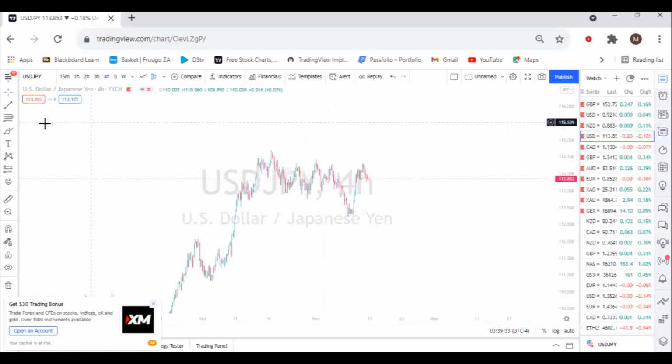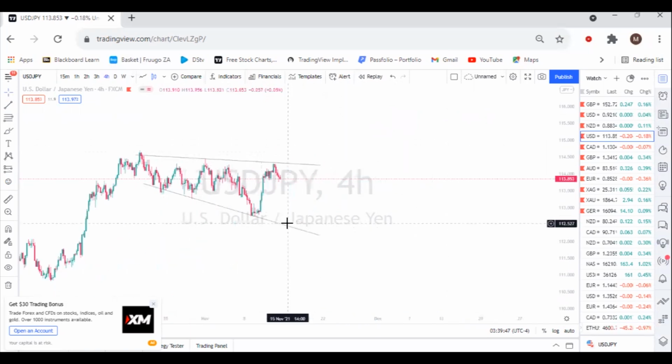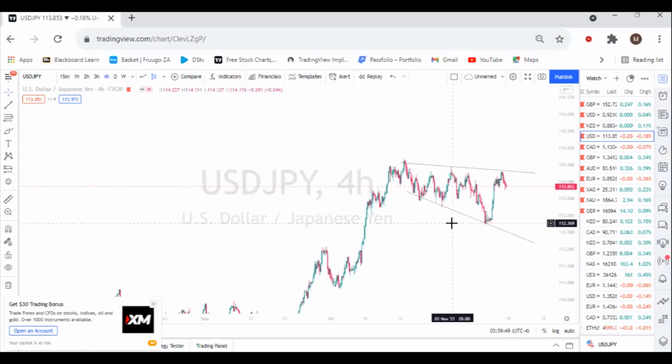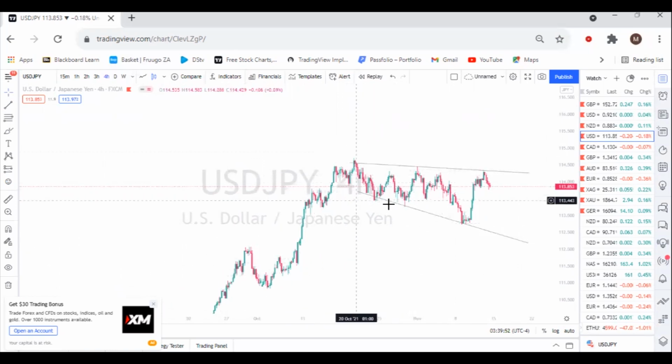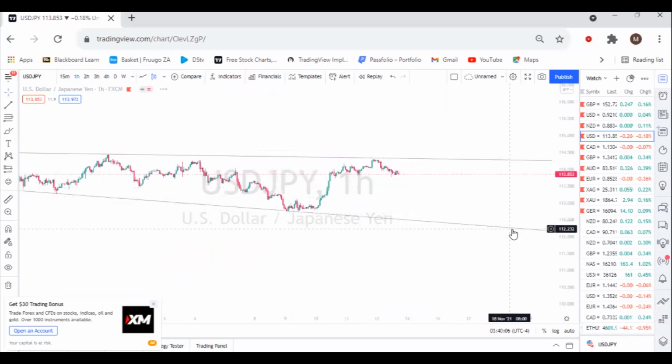So in this correction, we are gonna spot our support just like that, and then we are gonna do our resistance. So let's move in. As you can see, we already had the first touch, second touch, and the third one. So right now the market rejected as expected, and then right now it's forming another correction.